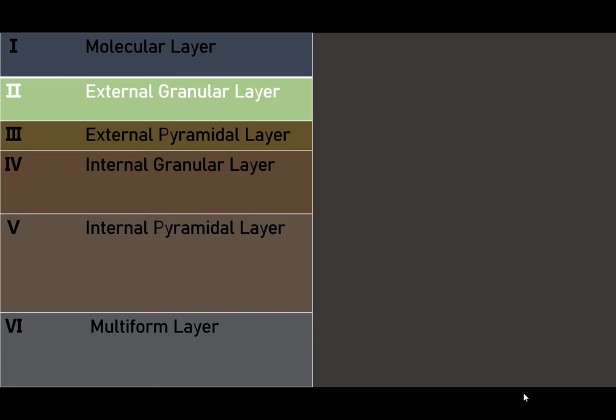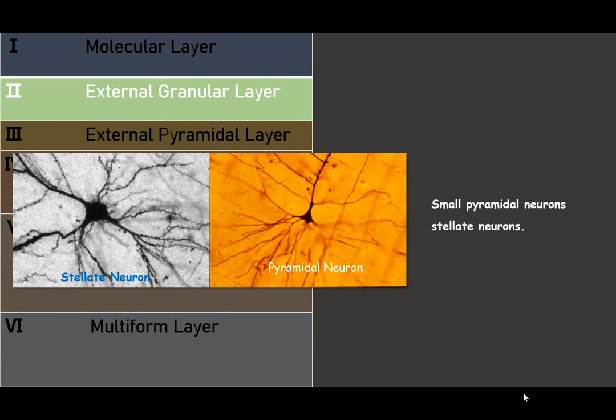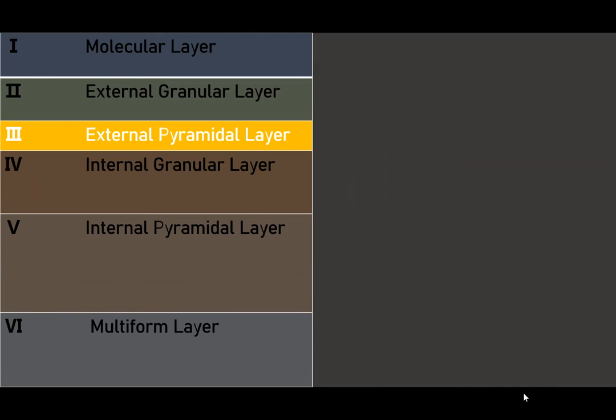Layer 2, the external granular layer, contains small pyramidal neurons and numerous stellate neurons. Layer 3, the external pyramidal layer, contains predominantly small and medium-sized pyramidal neurons, as well as non-pyramidal neurons with vertically oriented intracortical axons.